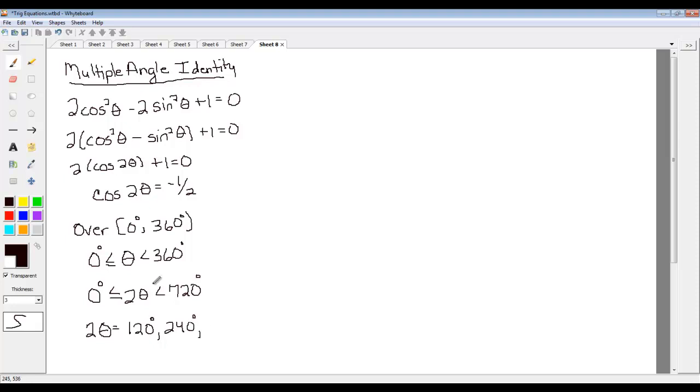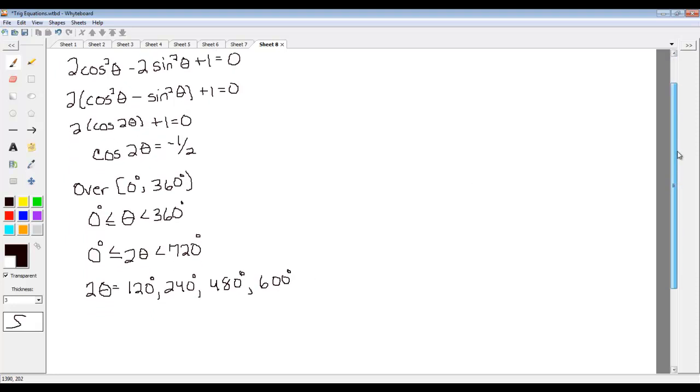Then our interval for 2 theta goes up to 720, so we can go back around. If you add 360 to 120, you get 480. And if you add 360 to 240, you get 600. And then stop there, because if you go any further, you're going to exceed the 720.